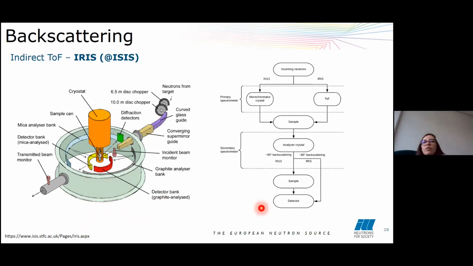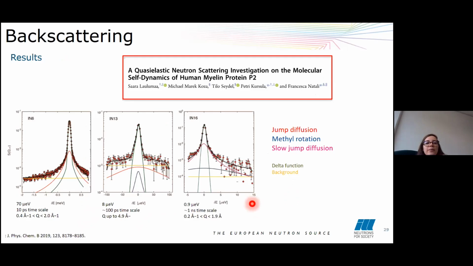So now, just to have an idea about which kind of results we can obtain with backscattering, and also to make an introduction to one of Giacomo's topics, which is quasi-elastic, let's take a look at this example here. From quasi-elastic spectra, the information about specific types of dynamics can be extracted.